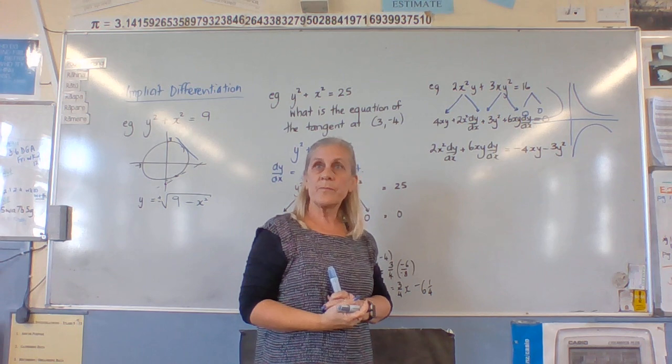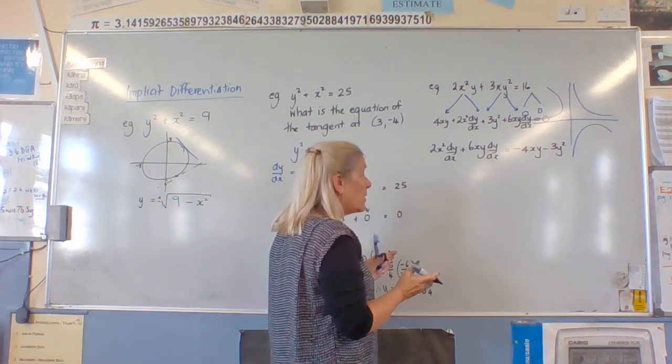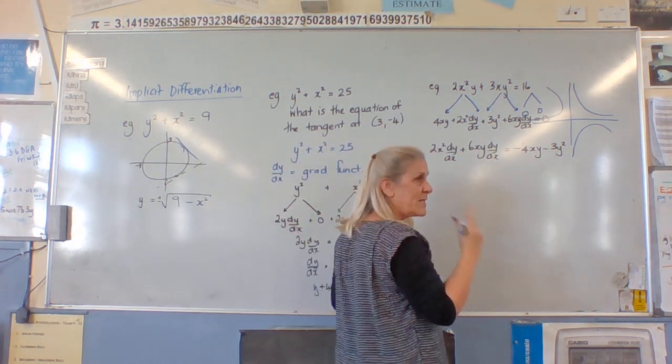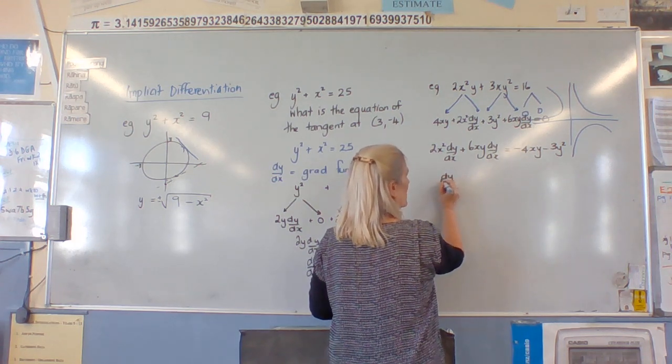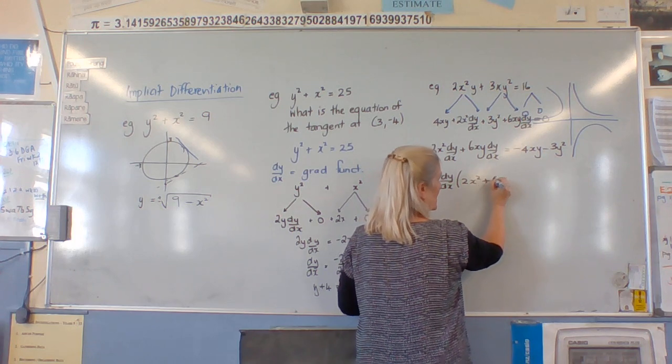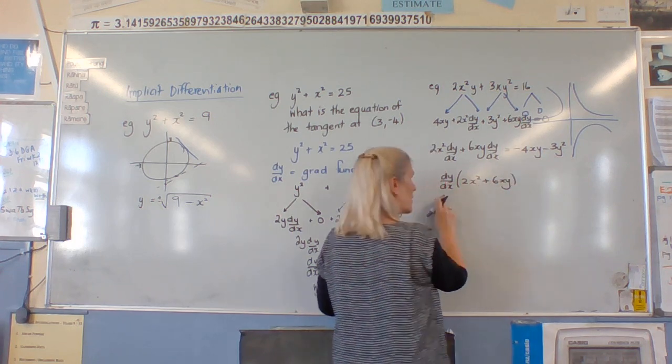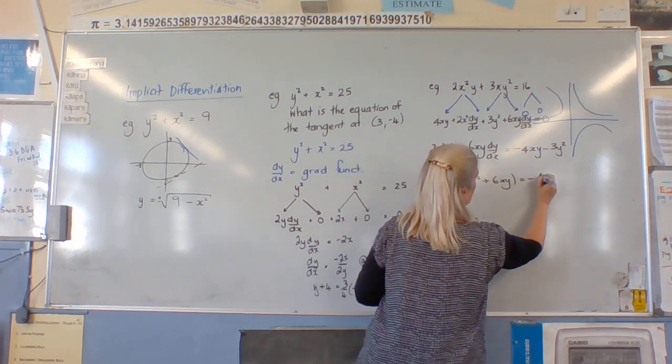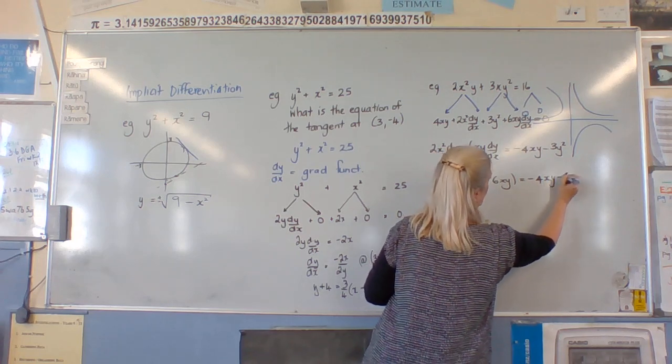Happy? Okay. Now, we only want one dy by dx, so we're going to take it out as a common factor. That leaves us with a 2x squared and a 6xy over here. Now we've only got one of them. And this lovely thing over here.